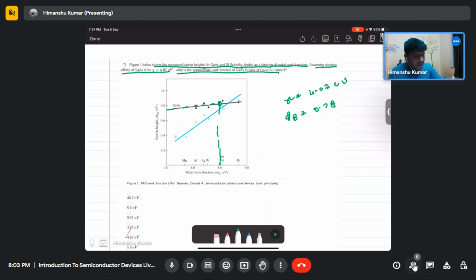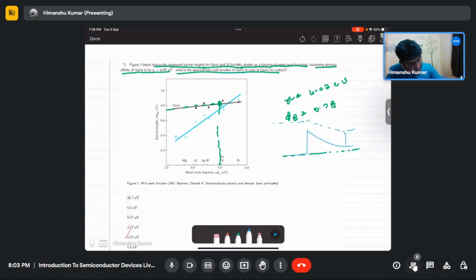So now if we draw the band diagram, it will look like this. And here also the vacuum level will be bent like this.